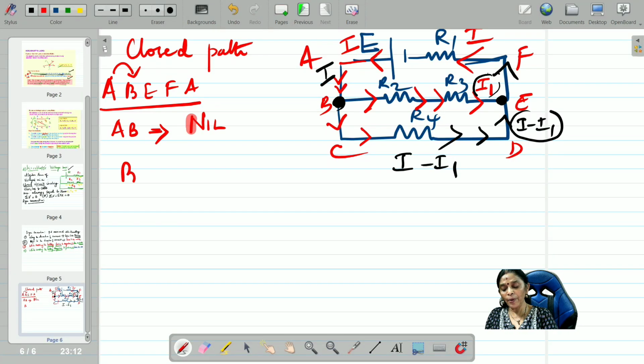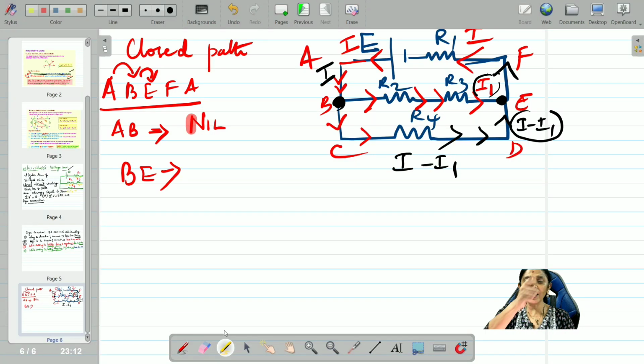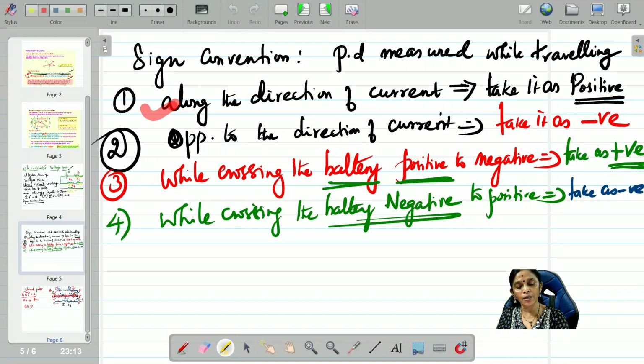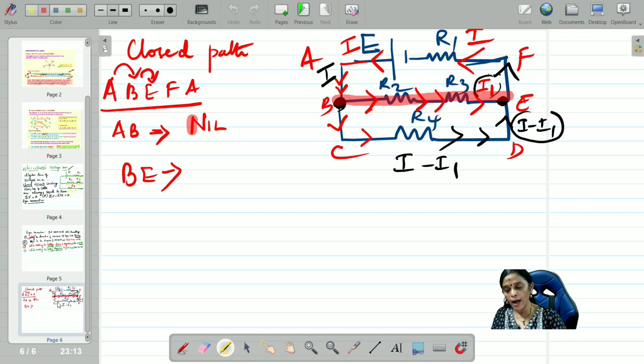Okay, what about B to E? Next I have to come to B to E. When I am going from B to E, how are we going? We are going along the direction. Since it is along the direction, the sign convention is taken as positive.